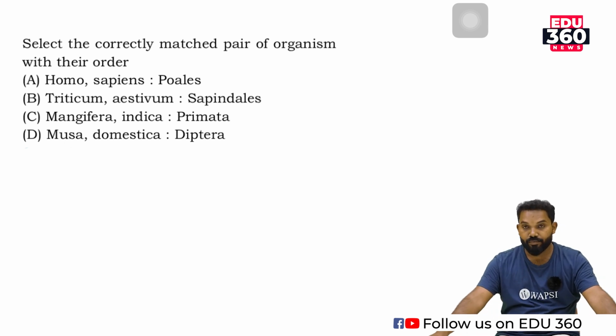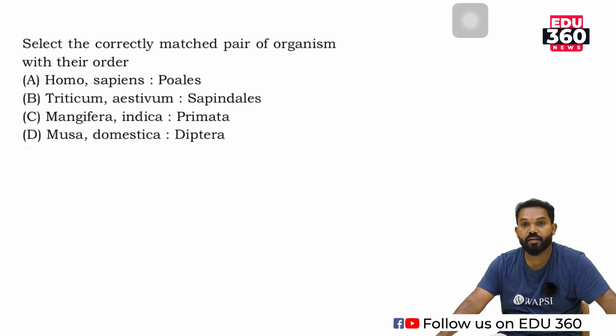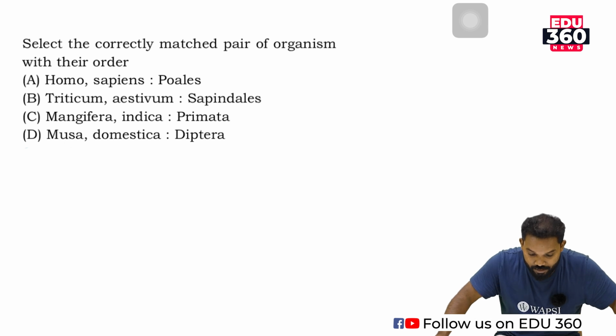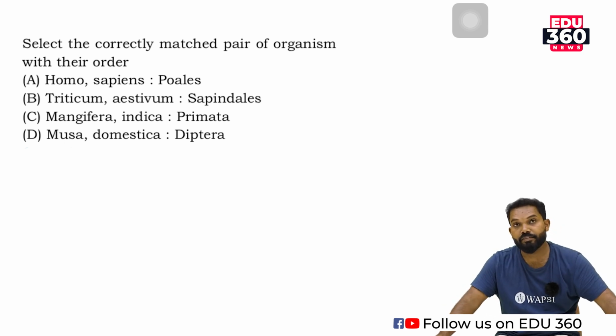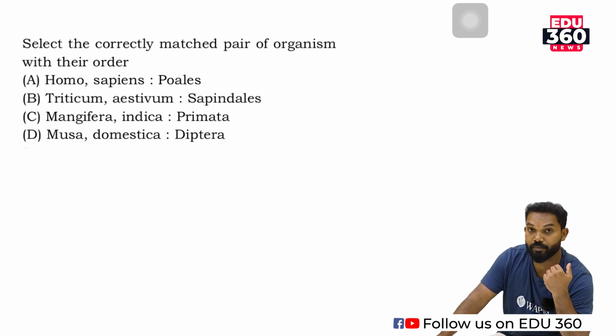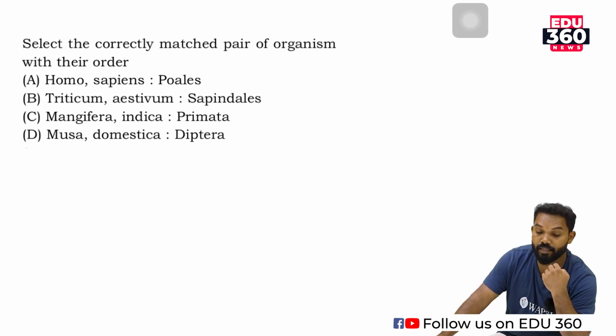It is from the first chapter, that is the living world. Within the living world, there is binomial nomenclature, taxonomic category, taxonomic classification, and taxonomic hierarchy.